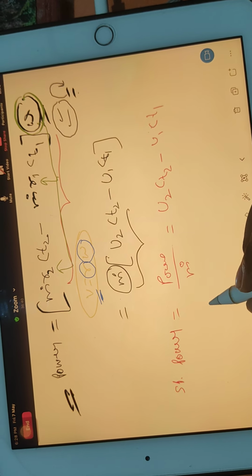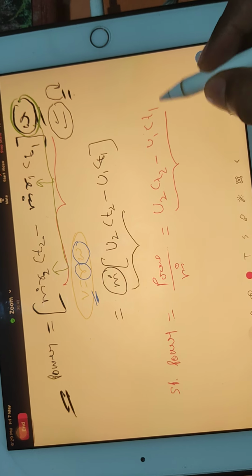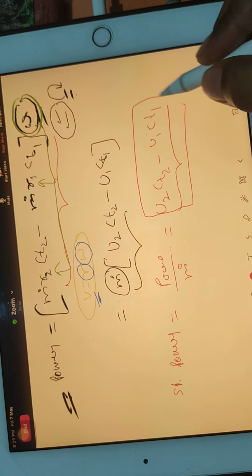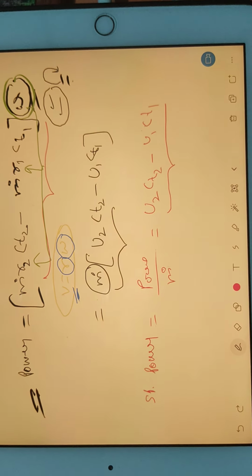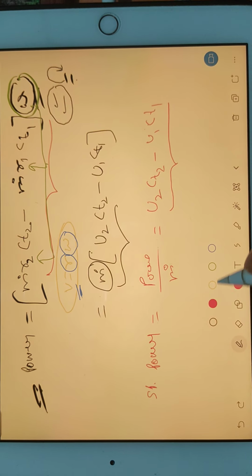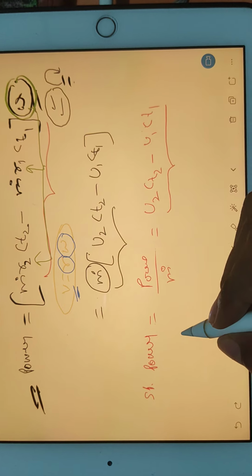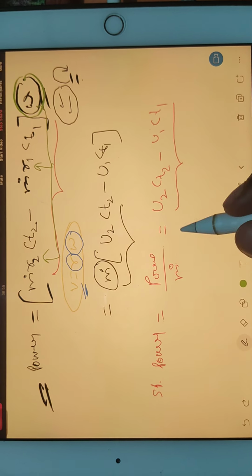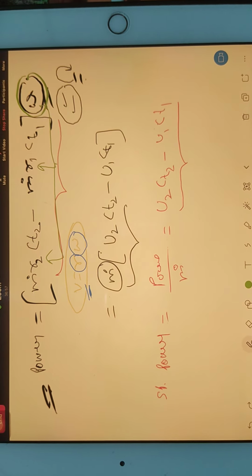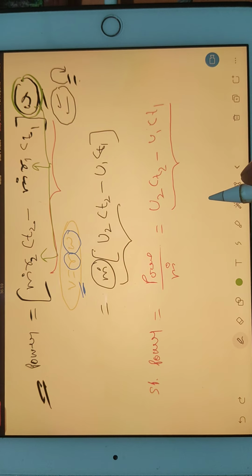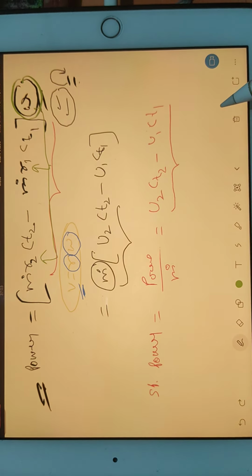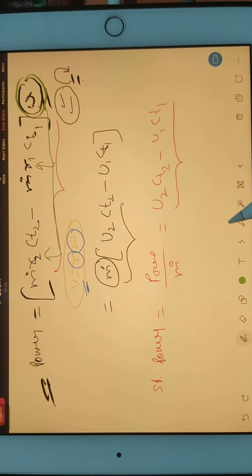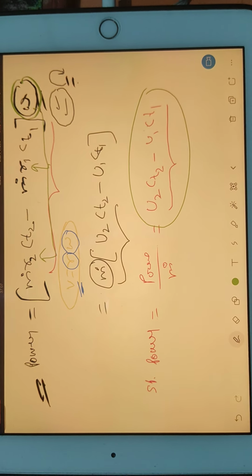Okay, now see, this part will decide whether your turbo machine is compressor or turbine. But how? Like this. You understand, in compressor you supply the power, correct? In compressor you supply the power, so at the exit of the device you will be having more power. It means what? This term is going to be positive.